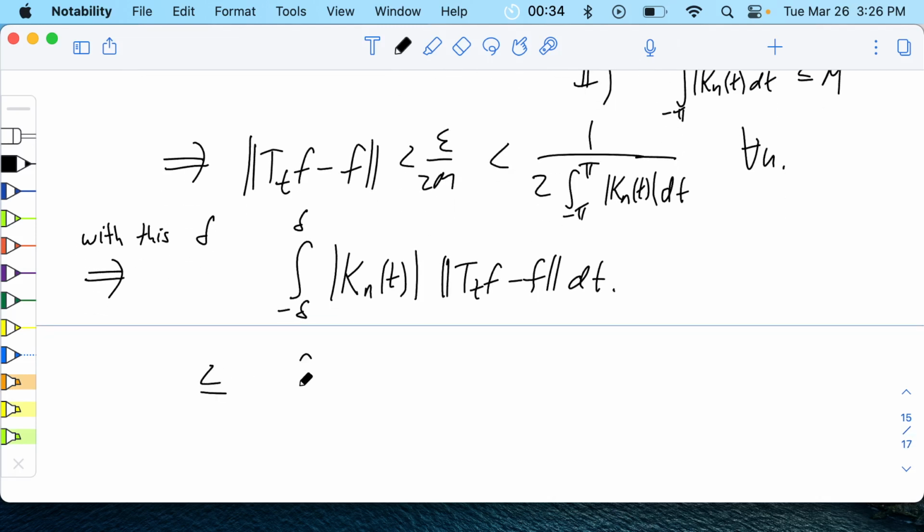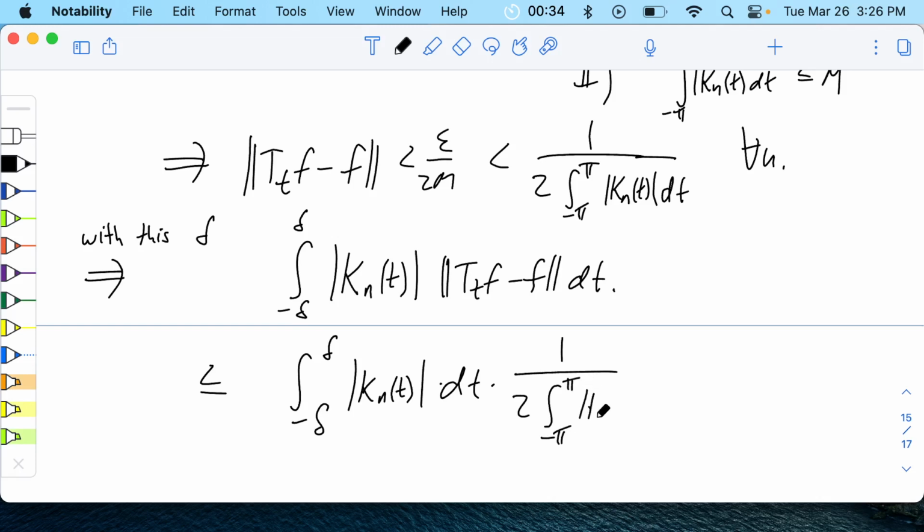So you get less than the integral from minus delta to delta of k_n of t dt, times 1 over 2 times the integral, epsilon times that. Okay, there should be an epsilon in the front. So the whole thing, you have integrating from minus delta to delta, dividing by integrating over everything. That's definitely less than 1, and you have an epsilon over 2 left over. Less than epsilon over 2.